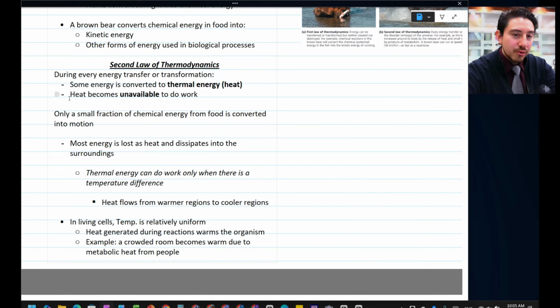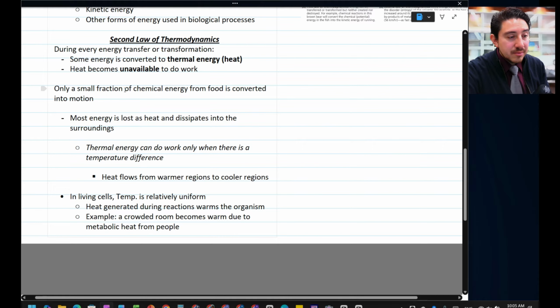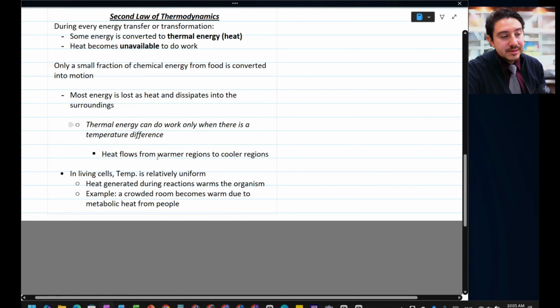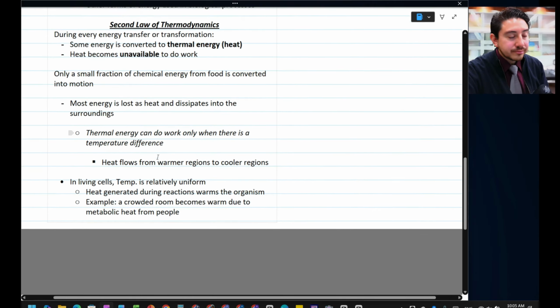It's not useful energy to do something within the organism. So it's liberated as thermal energy, heating up the environment. Only a small fraction of the chemical energy from food is converted to motion. Most energy is lost as heat, and then, of course, it dissipates into the surroundings.